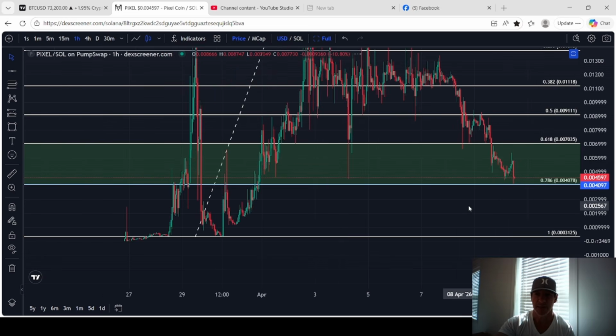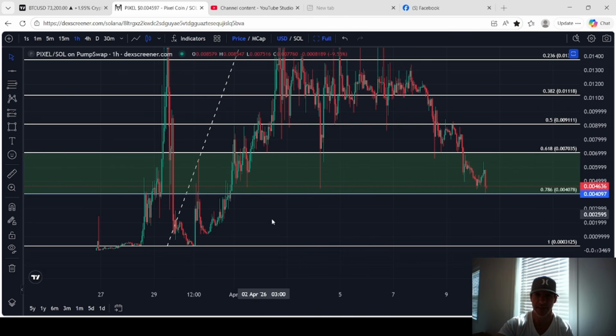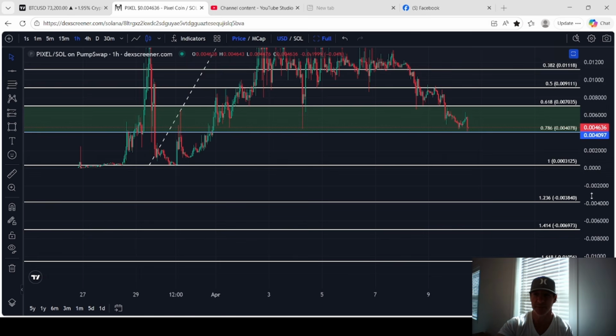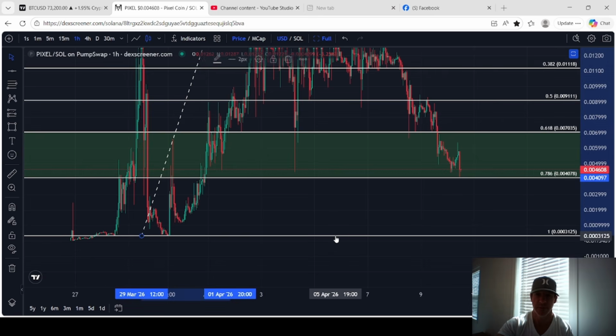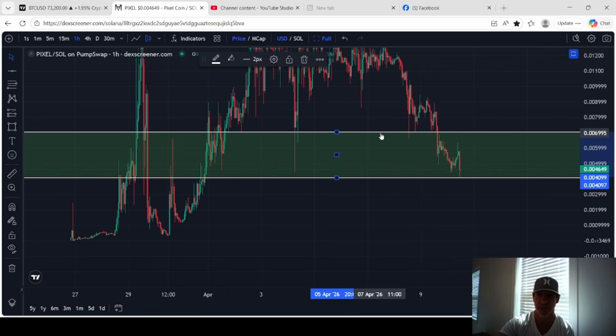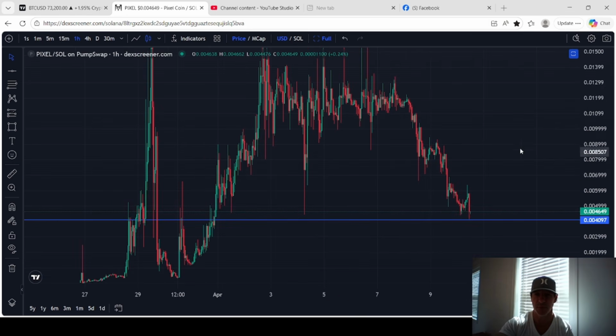Let's try and find another place between here that we can find support without coming down to these lows down here. So this was a previous low. You can go ahead and delete the fibs, and I'm going to delete our green box. So we have our blue line trying to hold support.